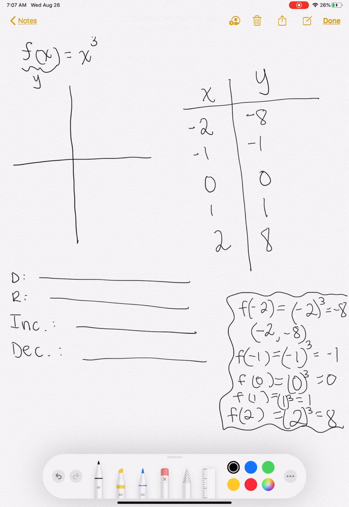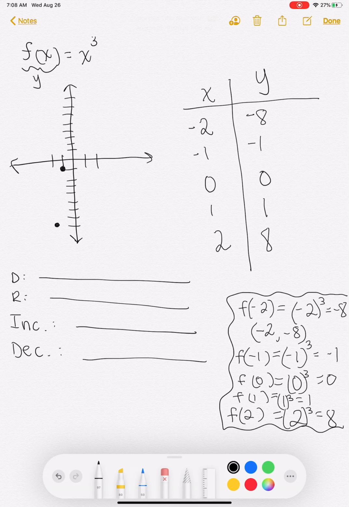We can go ahead and put these on our graph. I'm just going to make little tick marks. I'm going to plot my points -2, -8, -1, -1. I recommend you also begin plotting these.